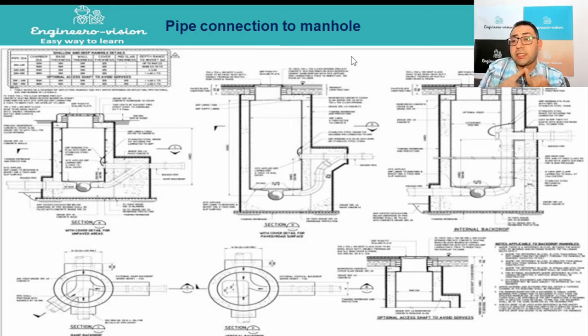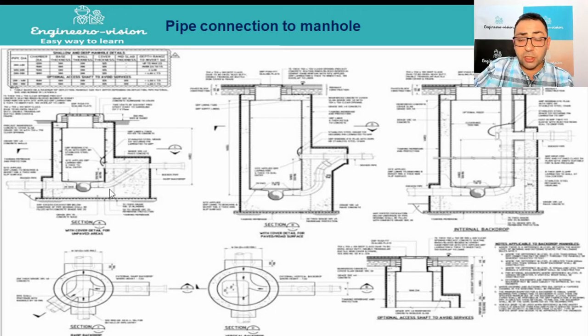Straight connection is used if the difference in level between the incoming pipe to the manhole and the outgoing pipe from the manhole is from 0 to 0.6 meters, and if the difference is from 0.6 meter until 1.2 meter, we will use a ram backdrop.